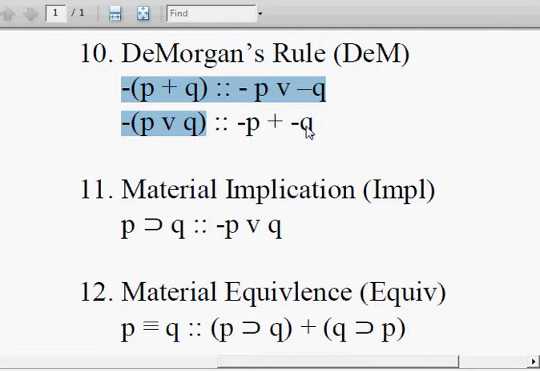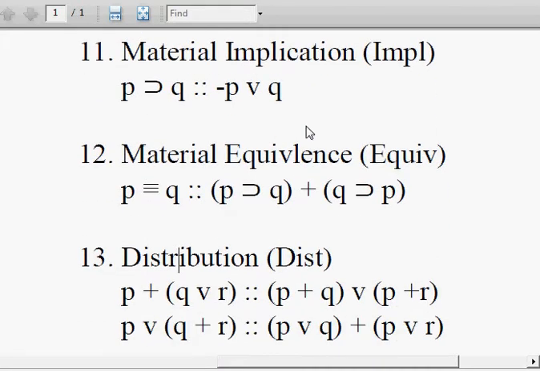Material implication, this is an example I gave in my initial video, is basically the idea that if this then that is the same thing as saying either the antecedent is not true or the consequent is true. I use the example that I sometimes tell my 2-year-old: if you hit your brother, then you're going to get time out, or you're going to go to your room, or you're not going to be allowed to play with that.